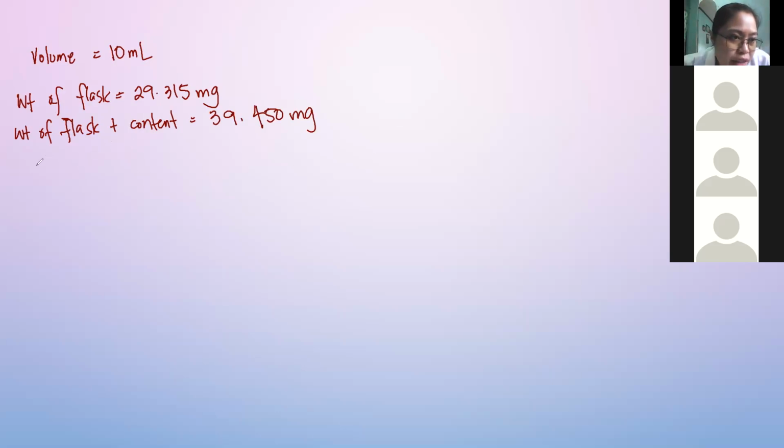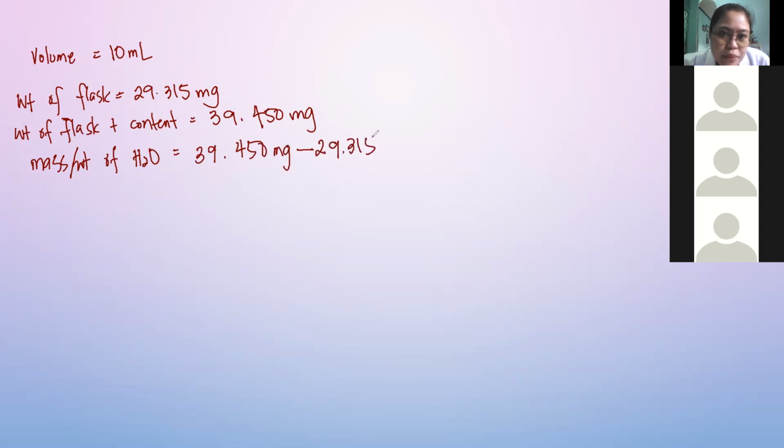To get the mass or the weight of the water, we just subtract. The content is the water. So we just subtract 39.450 minus 29.315. You can compute using your calculators there.